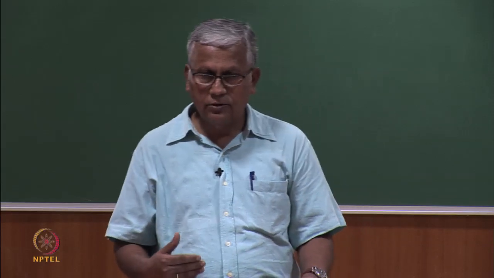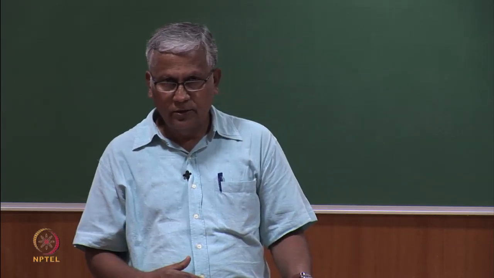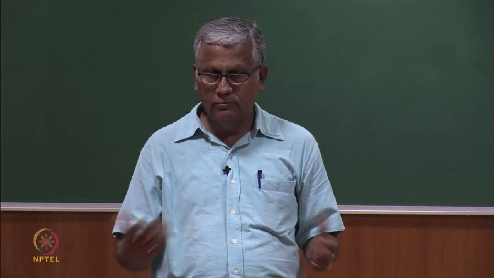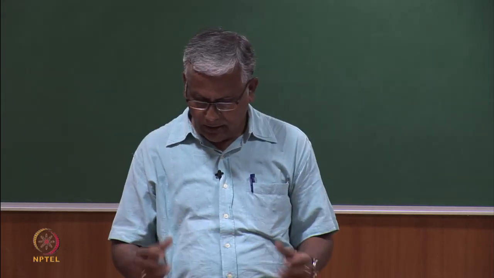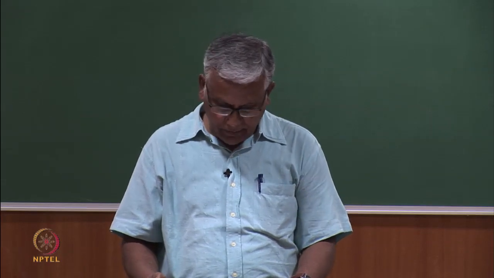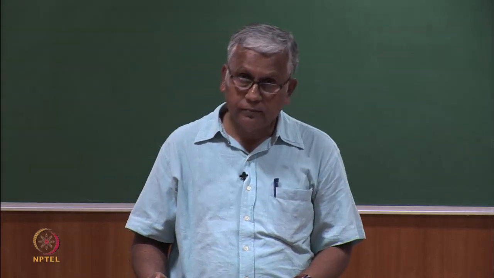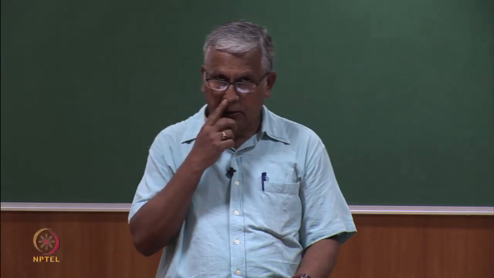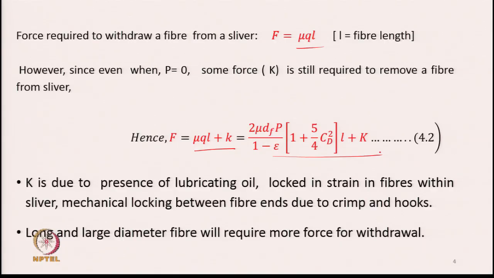So mu depends on the nature of the surface of the fibers, and it may also depend upon the moisture, which is not in this equation. But mu depends on that; it is another lecture in itself, the various factors which affect fiber to fiber friction.